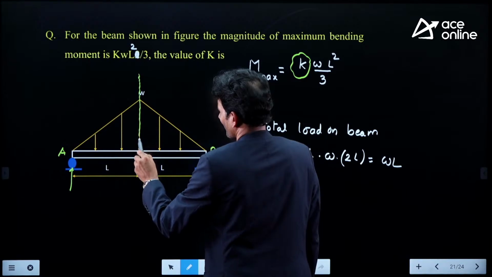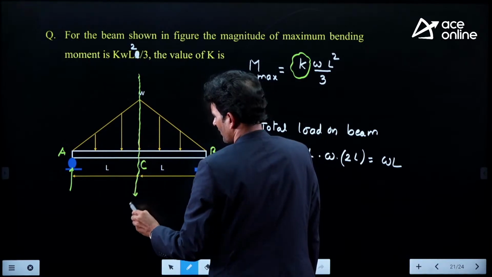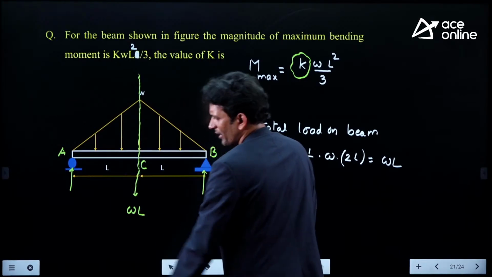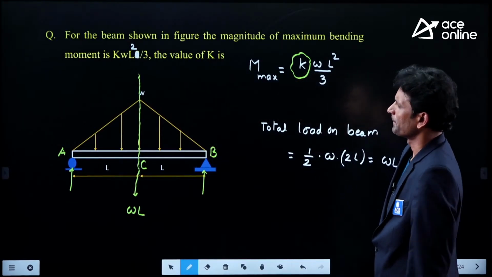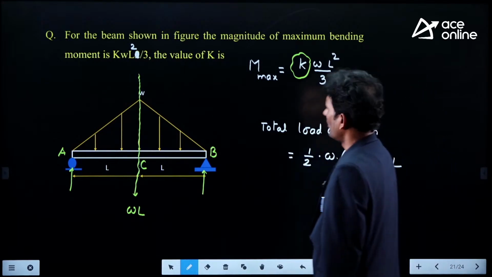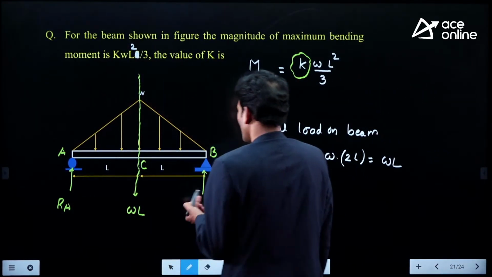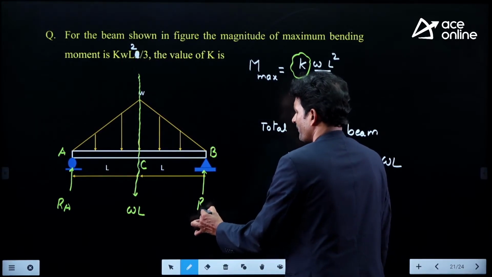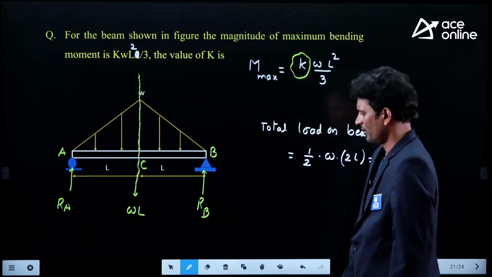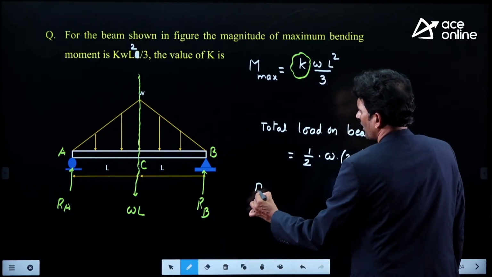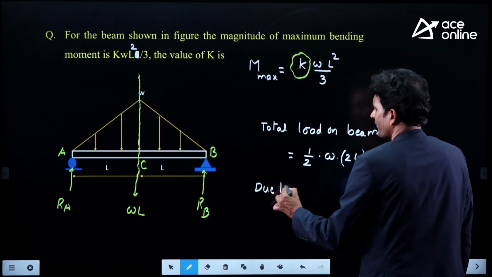Now let's find RA and RB. To get RA or RB, I am using the symmetry principle. Due to symmetry, RA should be equal to RB.